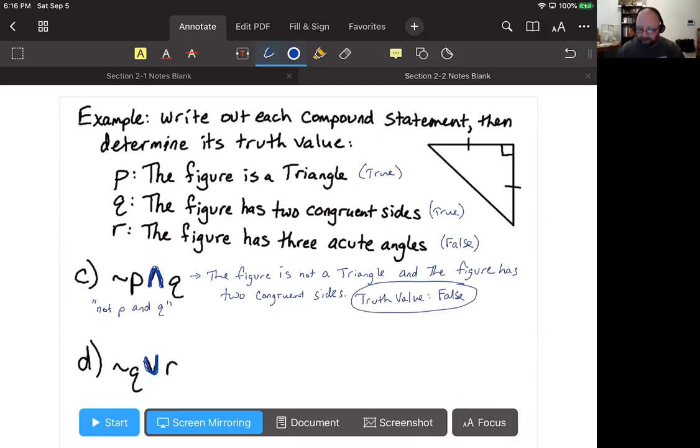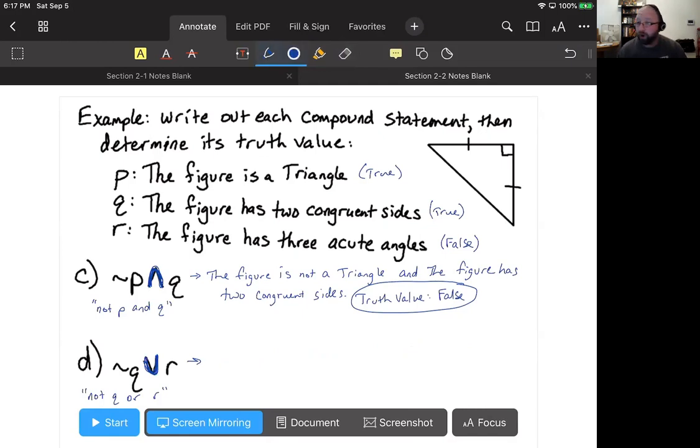And we move on to the last one, which says not Q or R. So we would say the figure does not have 3 acute angles. That is not Q. Or, oh, I lied, that is not Q. Let's try that again.